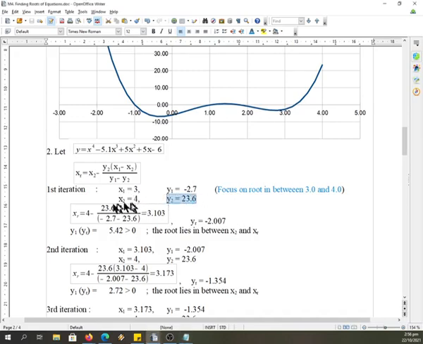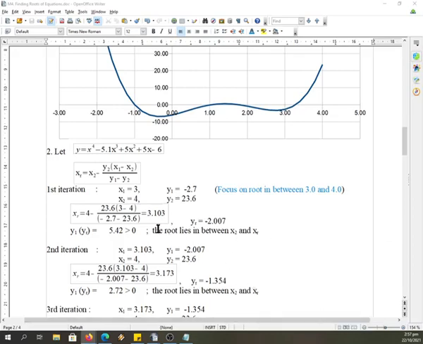Just plug in the value of x in this equation. Then there is a method in determining if the next iteration will be in between xr and x2, or in between xr and x1.